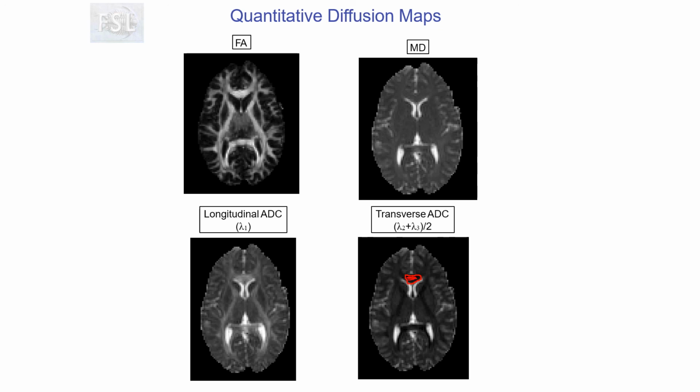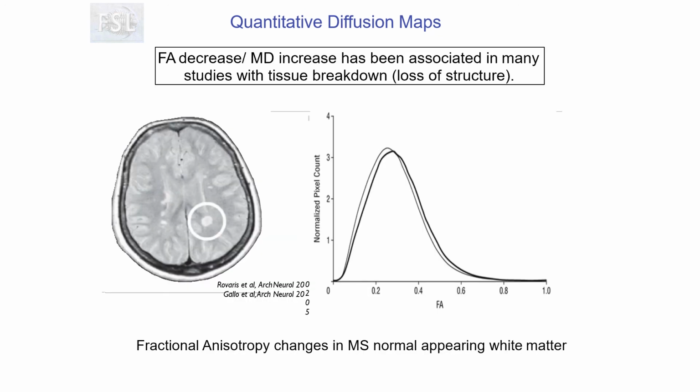These are fibers that are almost all unidirectional, and so there's not a lot of diffusion out in the other directions. So low diffusivity. So what we can do is use these metrics to tell us something about the structure of the brain.